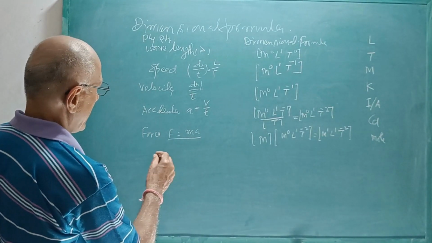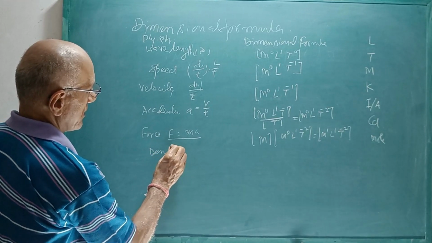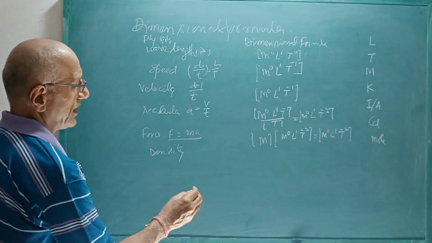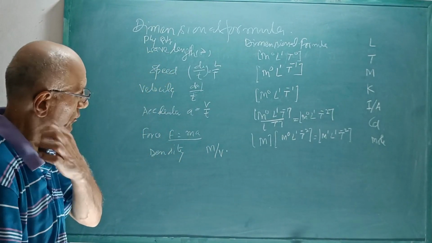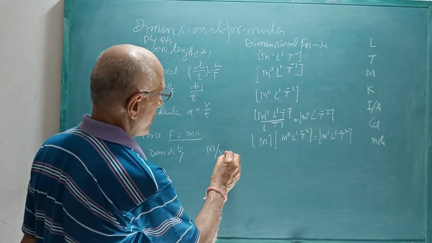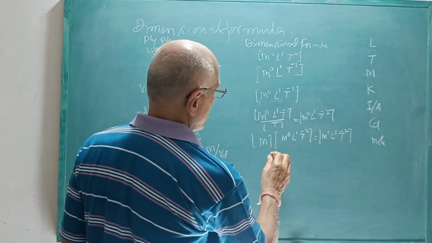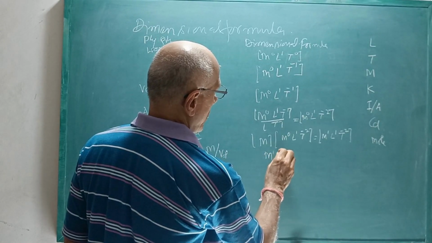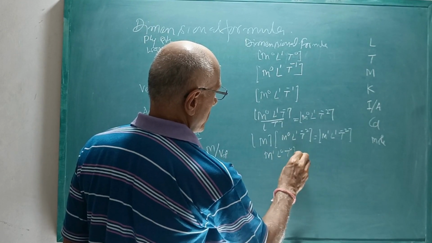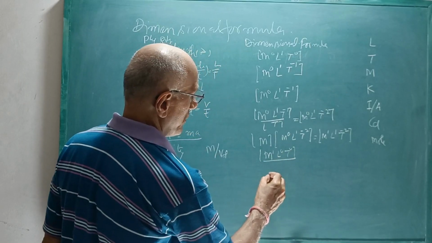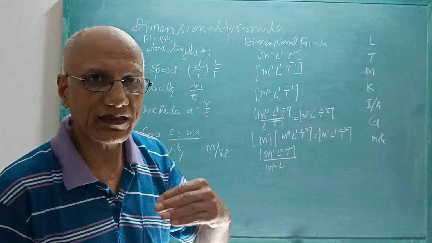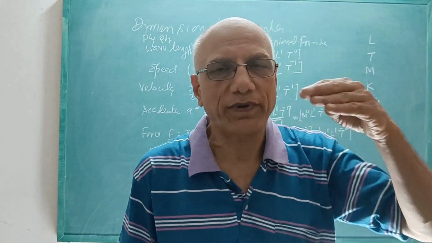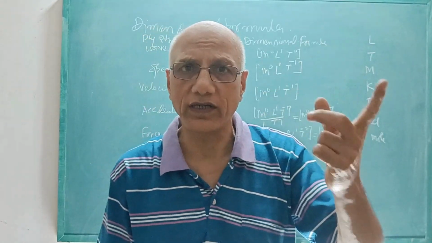Now you can have density. Density is mass upon volume. Here mass is M1 L0 T0 and the volume is M0, and how many L? Length into breadth into height. Breadth is also length, height is also length.